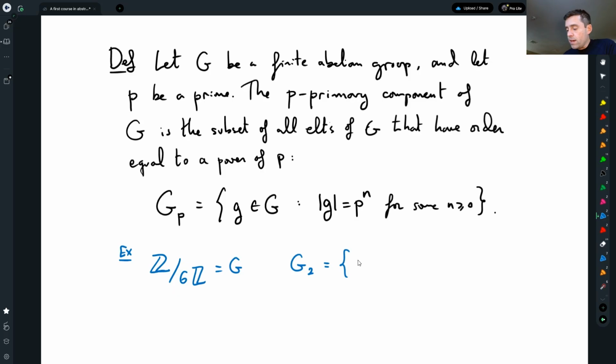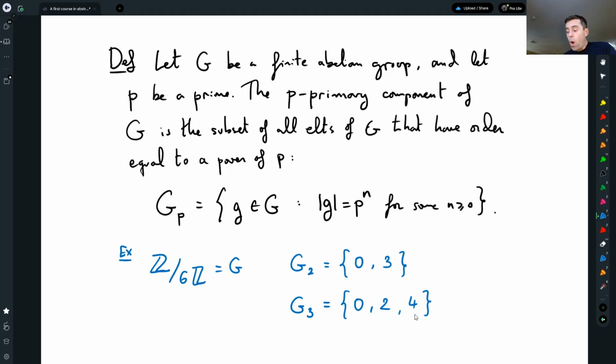So 0 has order 1, that is a power of 2, and then 3 has order 2, and that's it. So this is the 2 primary component, while the 3 primary component is: 0 has order 3 to the 0, 2 has order 3, and 4 has order 3.